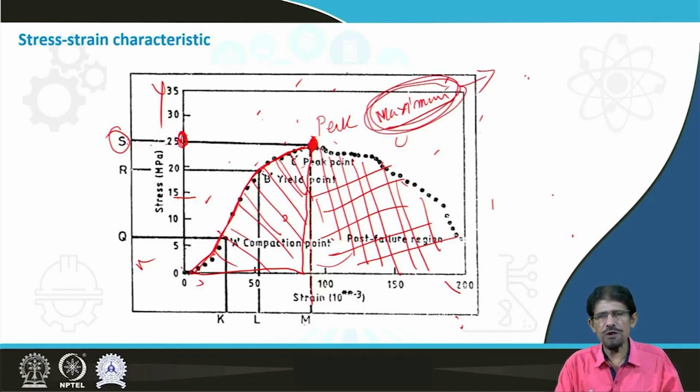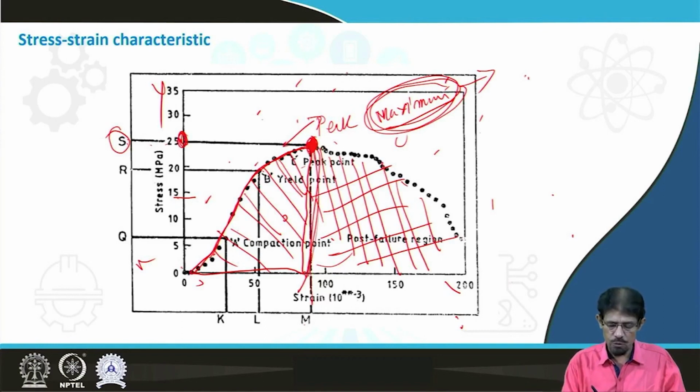This is the capacity of a rock. Immediate reach to the zero stress means this indicates some strength present in rock. Therefore, this type of capacity or stress is due to residual strength.